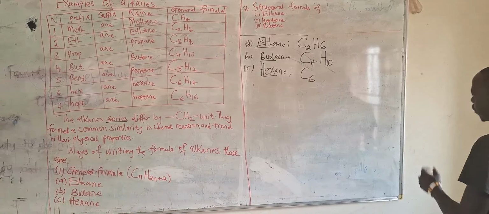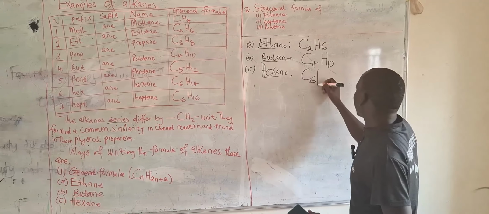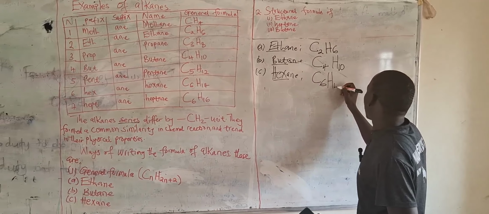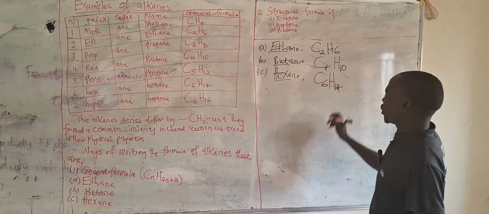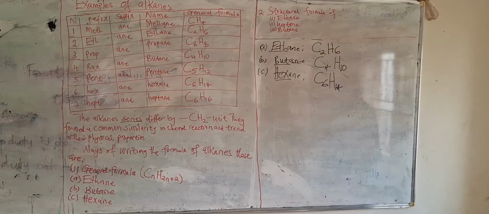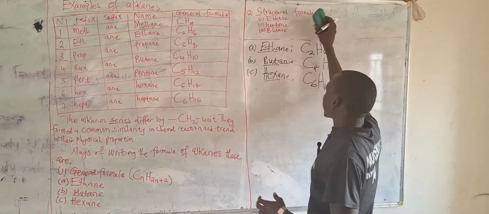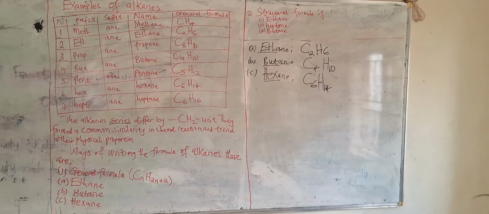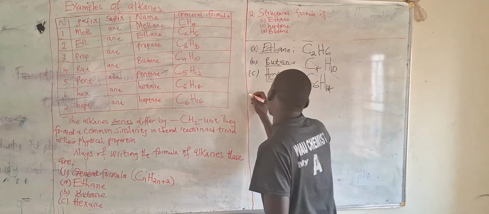When you look at it critically, the number of hydrogen atoms will be 14. So we are done with that example. That's how you can write that. Then also, let's come to the structural formula. How can I write the structural formula for this compound?